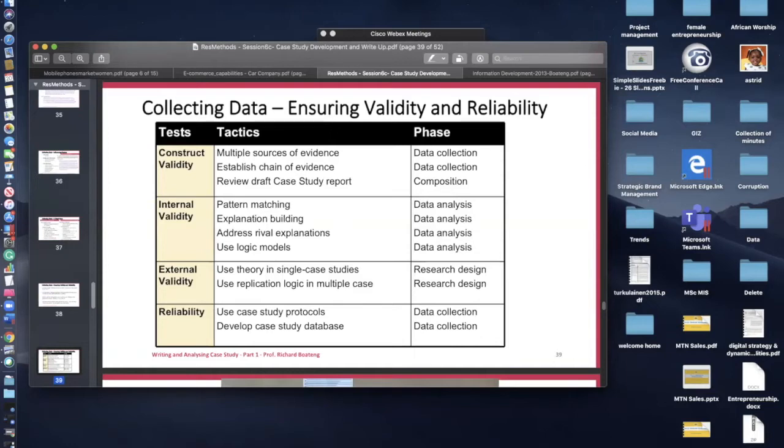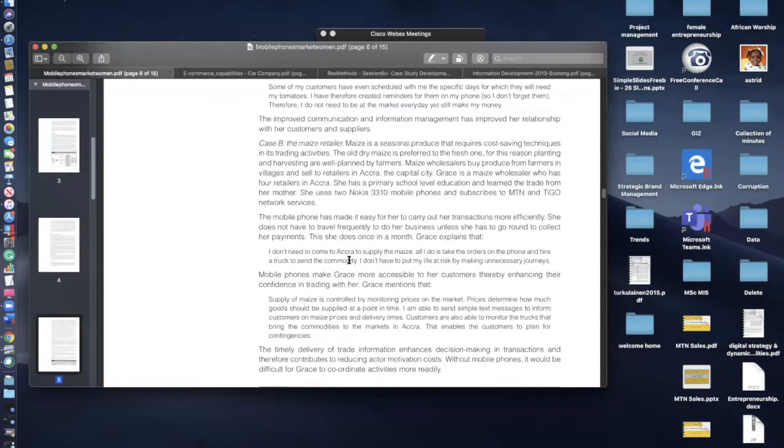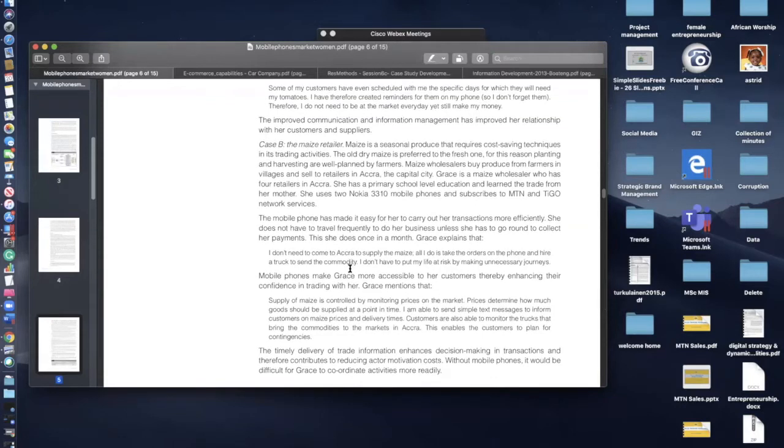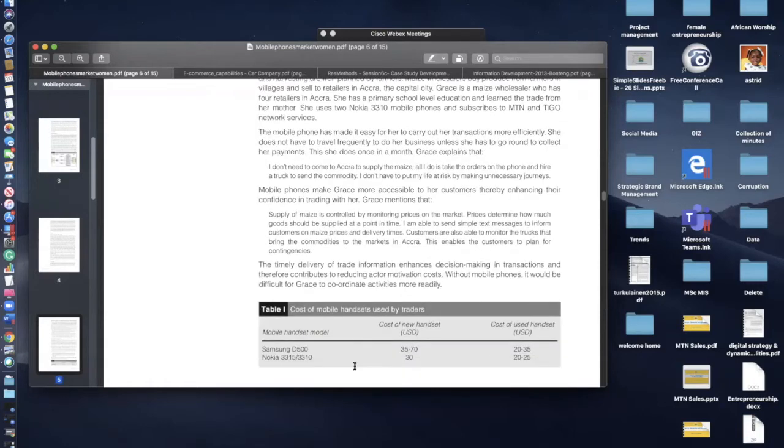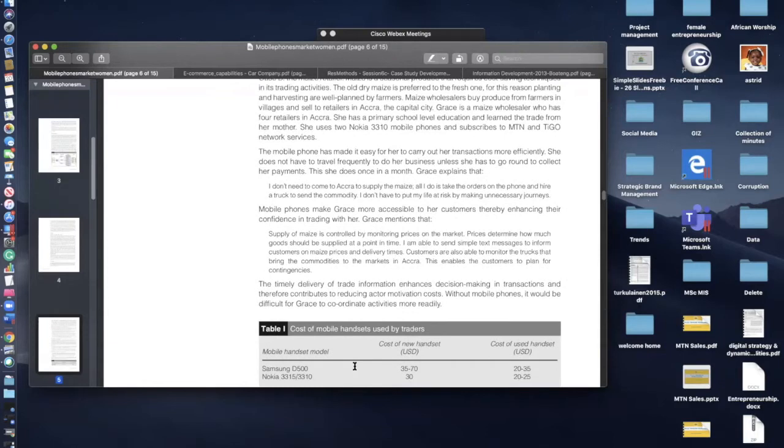We can say, for example, at the end of the case that the timely delivery of trade information enhances decision-making in transactions and therefore contributes to reducing actor motivation cost. Without mobile phones, it will be difficult for Grace to coordinate her business activities more readily.